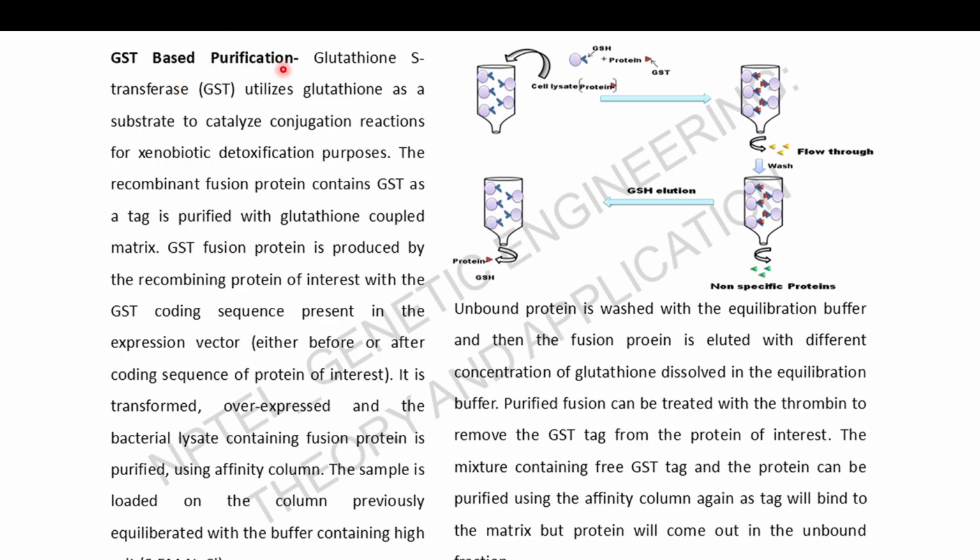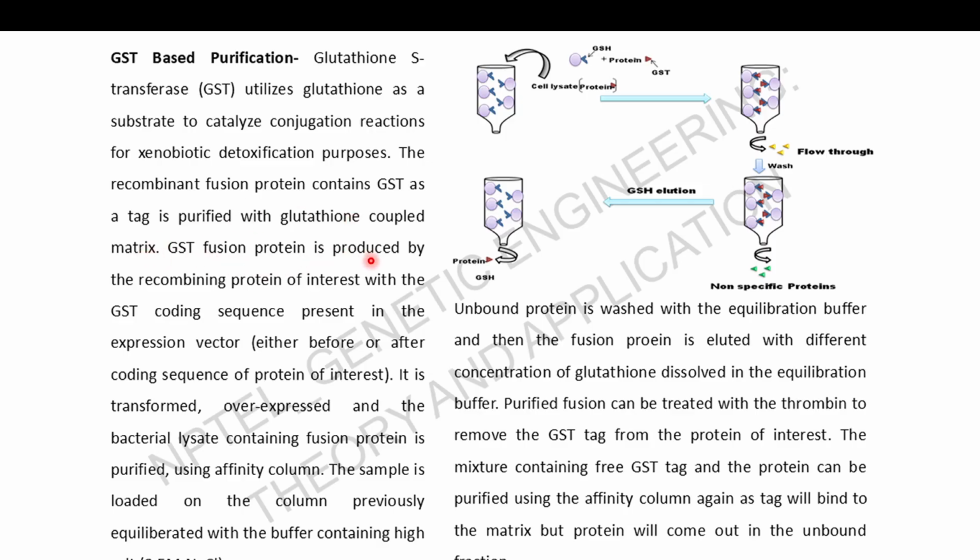There's GST based purification, where glutathione S-transferase, GST, is an enzyme. It utilizes glutathione as a substrate to catalyze the conjugation reaction, okay, for xenobiotic detoxification purposes. Now, what happens here is the recombinant fusion protein has this enzyme tagged onto it as a tag and is purified with glutathione coupled matrix.